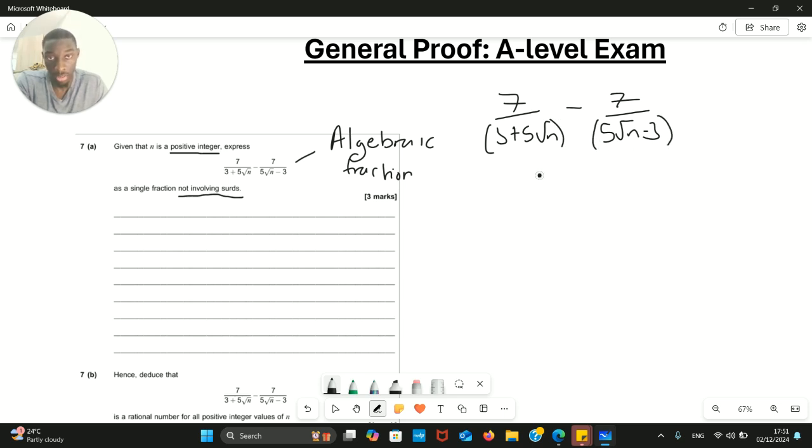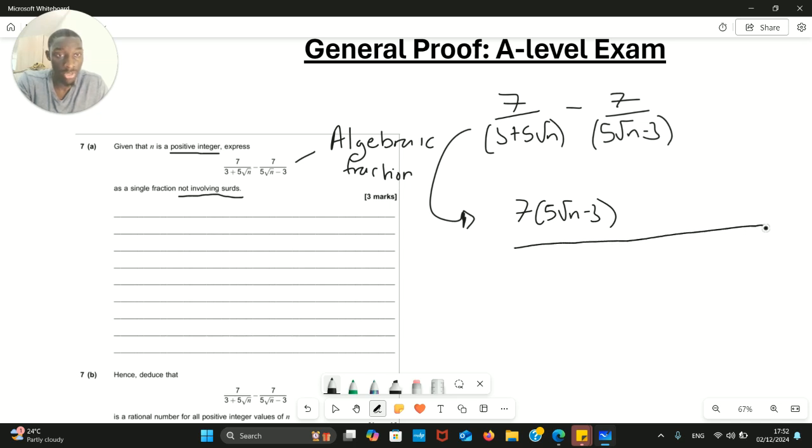This is going to be my new denominator. So on top, if I multiply 7 over 3 plus 5 root n by the other bracket, I'm going to be left with 7 bracket 5 root n minus 3. And I'm going to have the same denominator: 3 plus 5 root n bracket 5 root n minus 3.